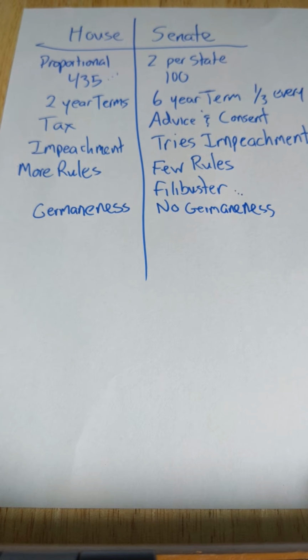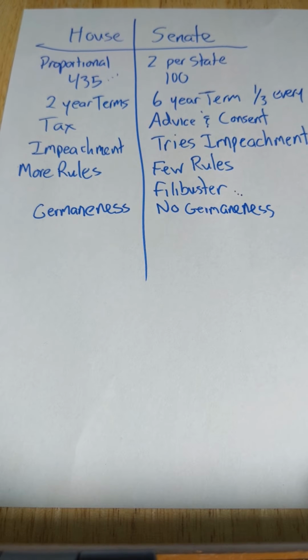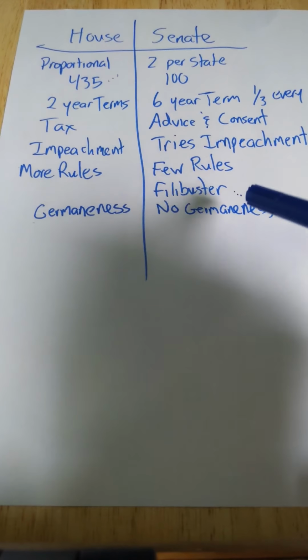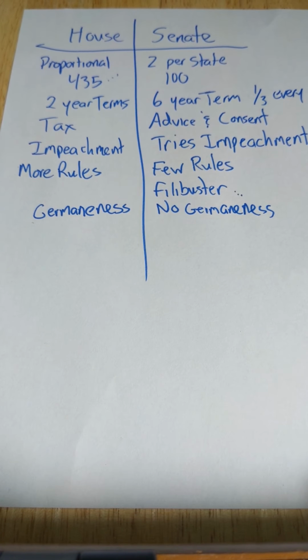So, for example, if I write a bill about air pollution, any amendment added to that bill in the House has to have something to do with air pollution or at least the environment. The Senate doesn't have any such rules. So you can add an amendment to a bill that has nothing to do with the actual bill.